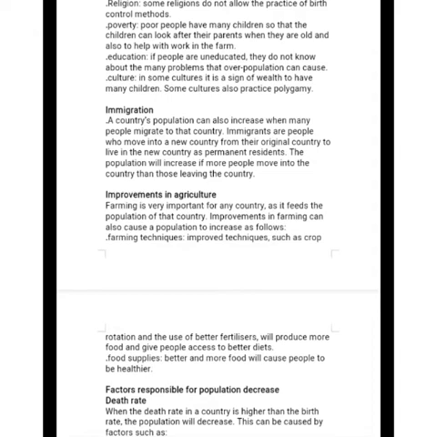Improved techniques such as crop rotation and the use of fertilizer will produce more food and give people access to a better diet. Food supplies. Better and more food will cause people to be healthier.